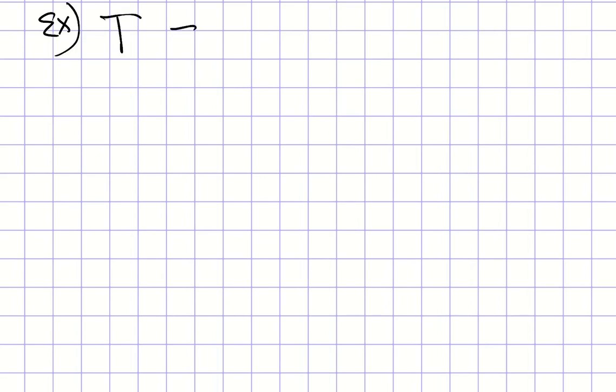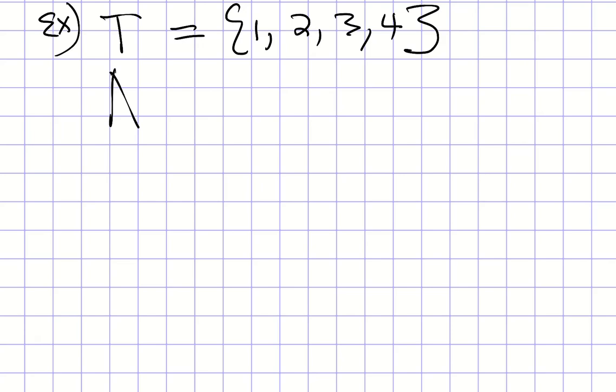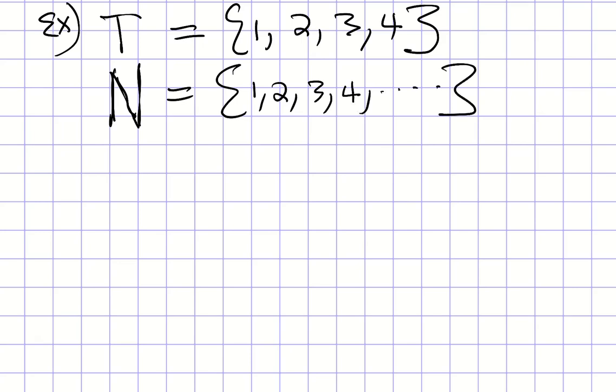Let T be a set consisting of 1, 2, 3, 4 as elements, right? And then remember our usual N, the set of natural numbers, which starts with 1, 2, 3, 4, and it keeps going to infinity. Remember that?